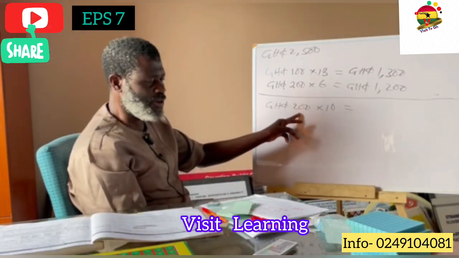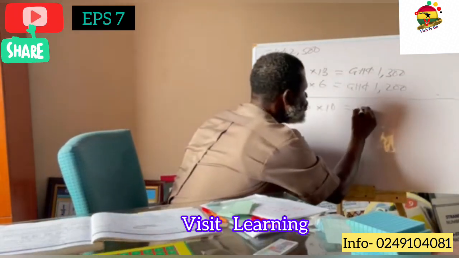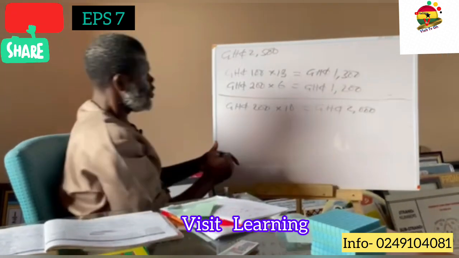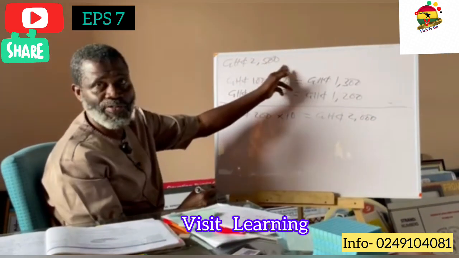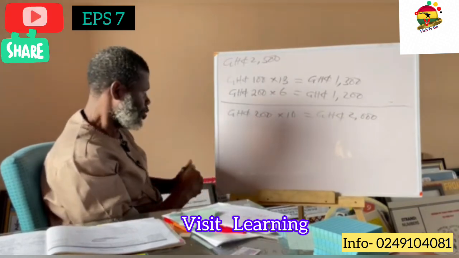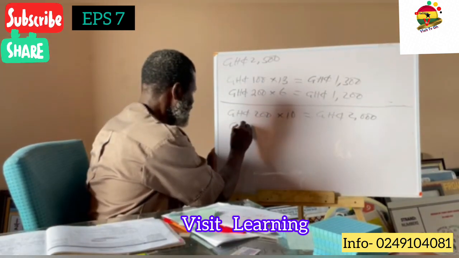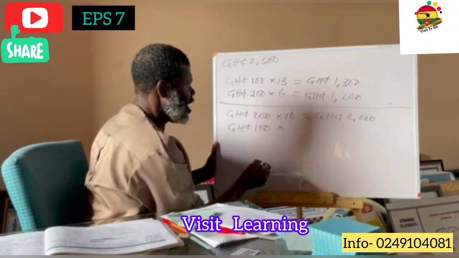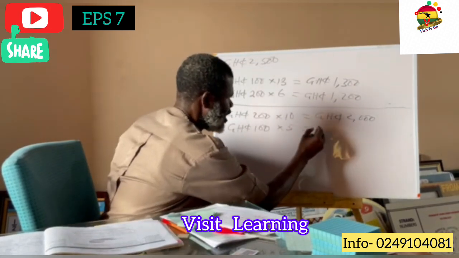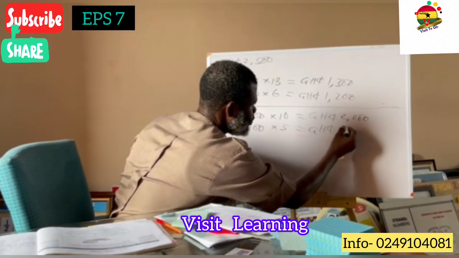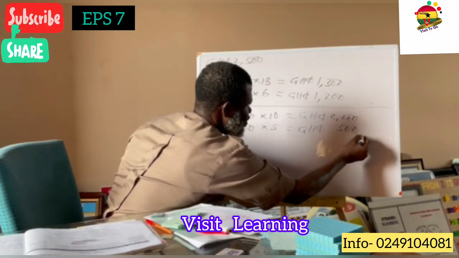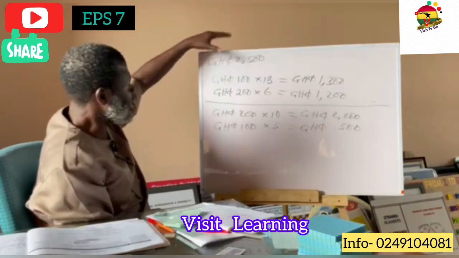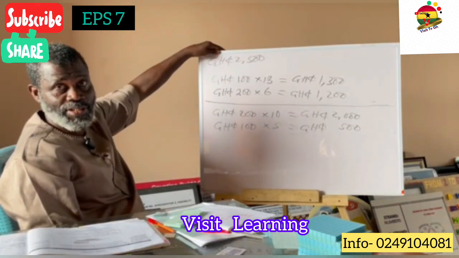Of course, this will give us 2,000 Ghana cedis, leaving the 500 Ghana cedis, which tells me that I will need 5 of the 100 Ghana cedi notes. So that makes it 500. Together with the 2,000 cedis, we are getting the 2,500 Ghana cedis.